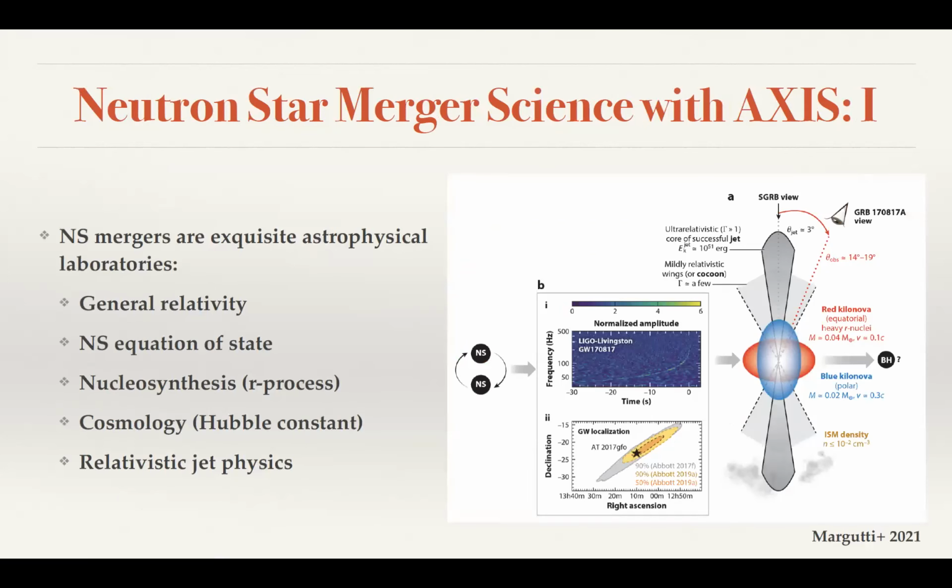There's lots of physics going on here. And so the plot on the left here is the neutron star merger. And so we have the nucleosynthesis occurring, and then there's the relativistic jetted emission. And this is allowing us to probe things like general relativity, the equation of state, and everything up to jet physics.